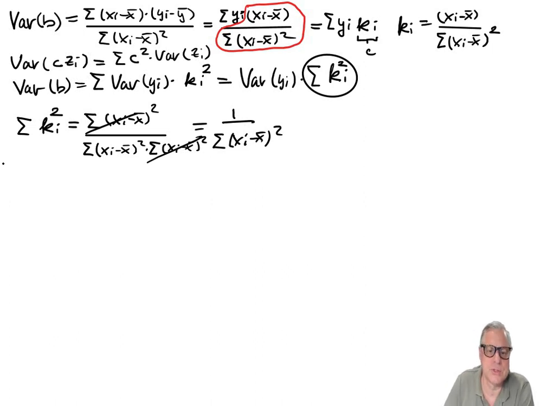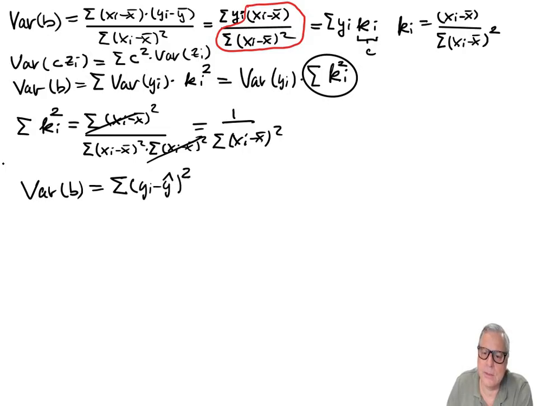Okay, so now we have the sum of ki squared, and we have the variance. So now we know that the variance of b is simply the sum of yi minus y hat squared over n minus 2, because that's what the variance of y is.